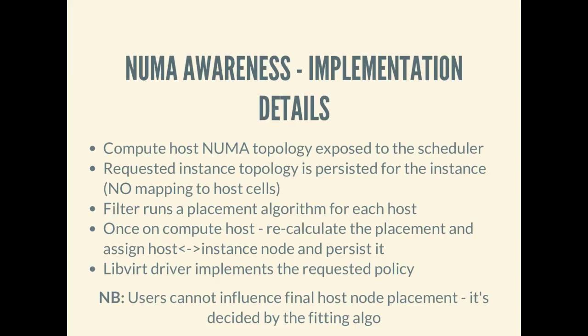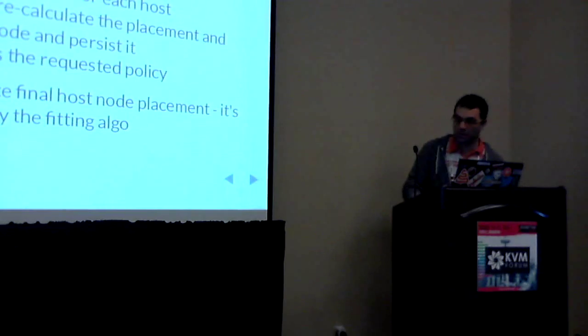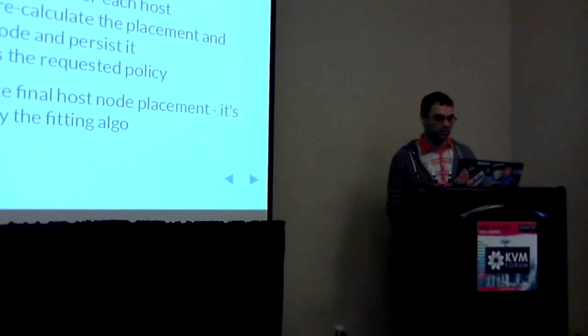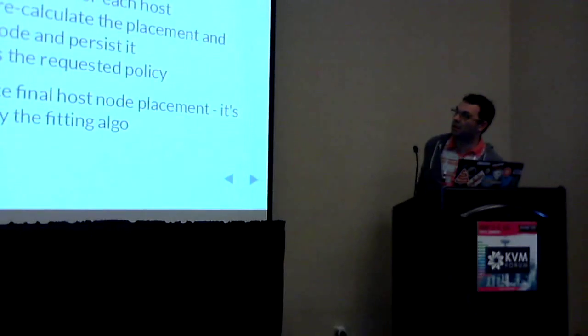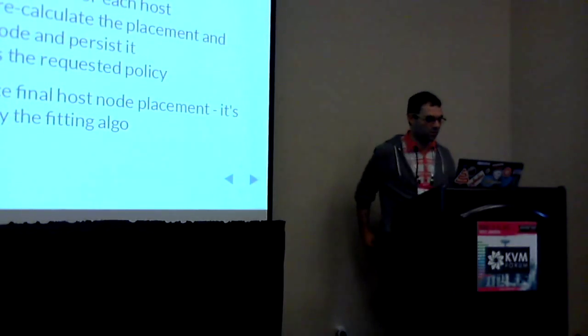So some of the implementation details, I think I spoke about this already a little bit. Details of the host are exposed to the scheduler, and then the other bit of information that's important is the stuff that comes from the flavor.